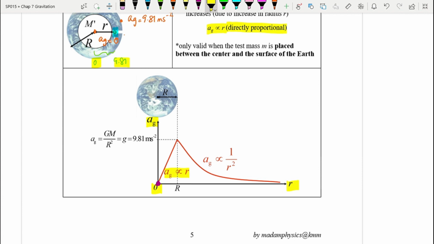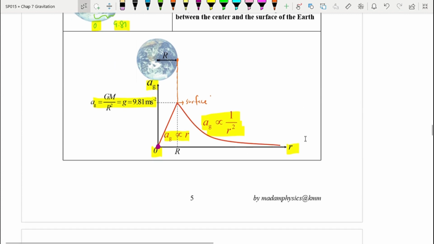Okay. Kemudian dekat surface pula nilai a_g kita adalah 9.81 exactly at the surface. Ini surface kita. And then from the surface and then menjauhi earth, strength of a_g becomes lesser, becomes weaker. Jadi kat sini kita akan tengok relation a_g dengan R itu akan jadi inversely proportional.